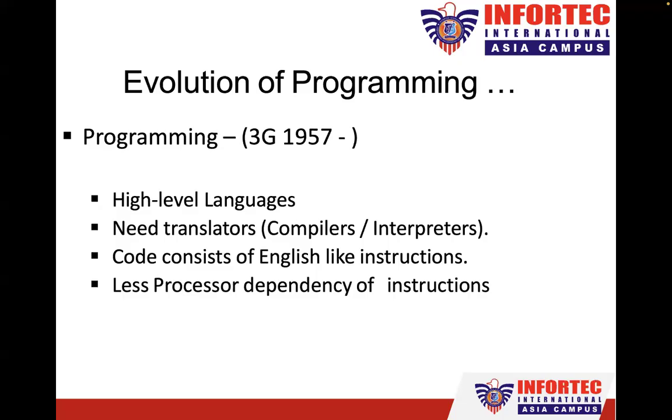But in those days, we didn't have those kinds of things. We had to use the language which your computer can understand. The computer can understand only machine language. So if we want to write a computer program, if we want to develop a small software, then we have to use this machine language.